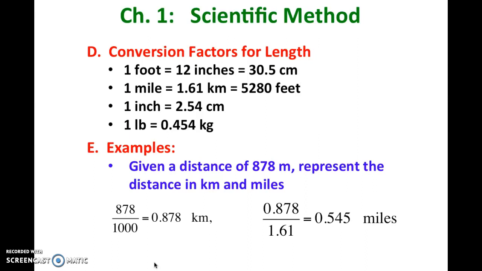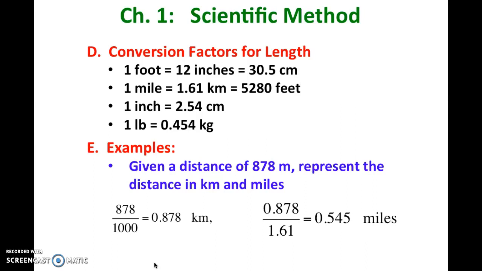To convert units between the imperial system and the SI system, we use some conversion factors such as 1 foot equals 12 inches equals 30.5 centimeters. 1 mile equals 1.61 kilometers equals 5,280 feet. 1 inch equals 2.54 centimeters. 1 pound equals 0.454 kilogram.